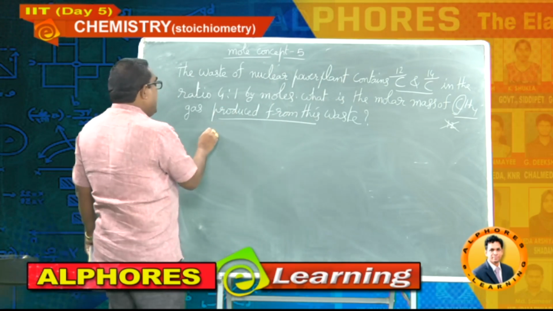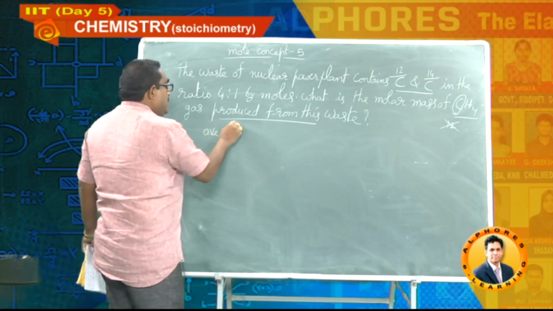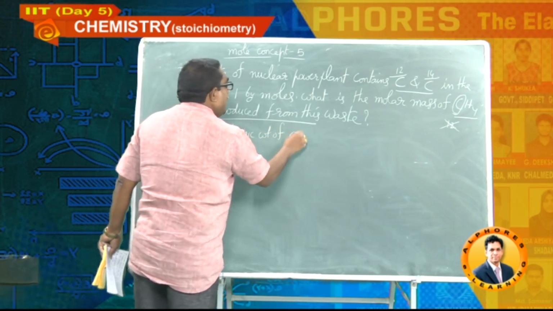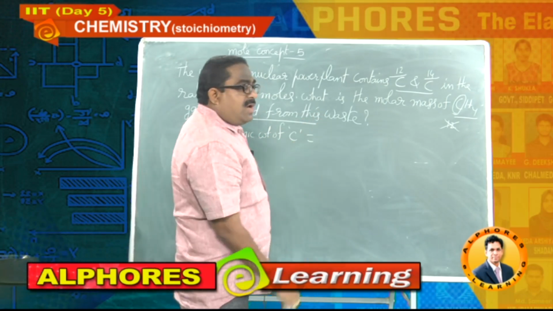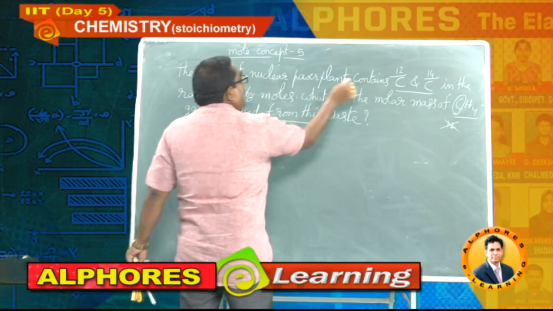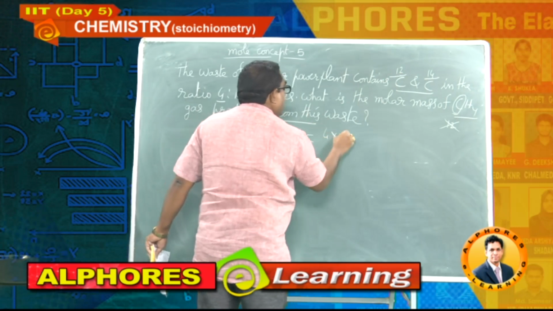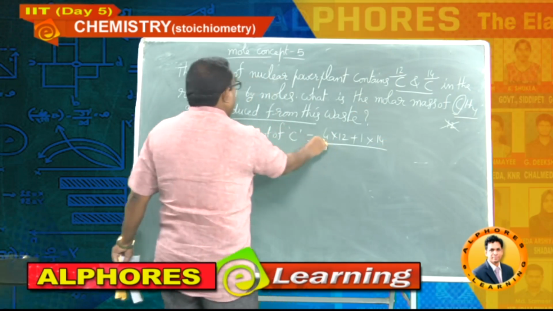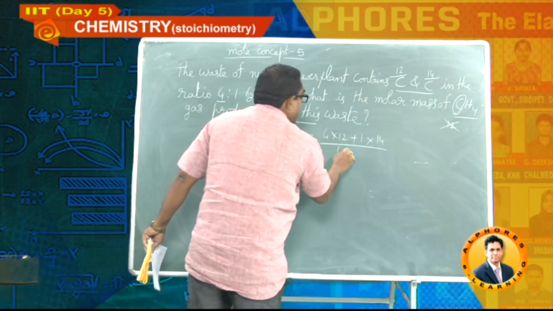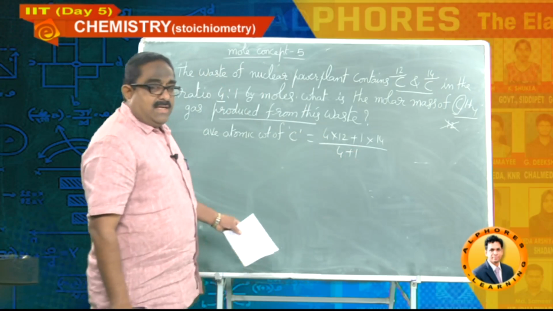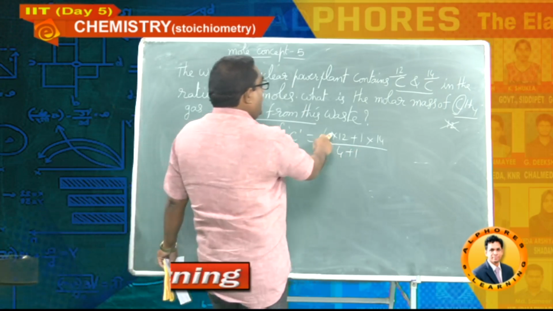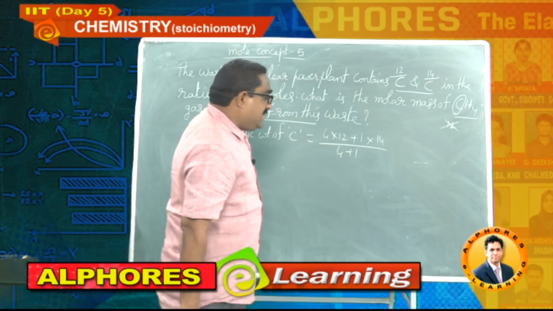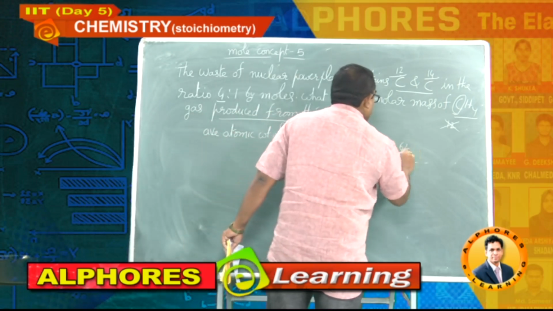Now first let me calculate the average atomic weight of carbon, 4:1 molar ratio. So (4 into 12 plus 1 into 14) divided by (4 plus 1), just like a simple average calculation in mathematics. 48 plus 14, 62, divided by 5.